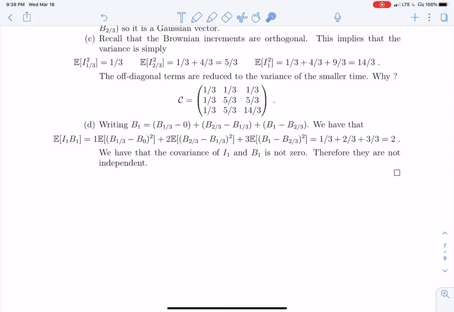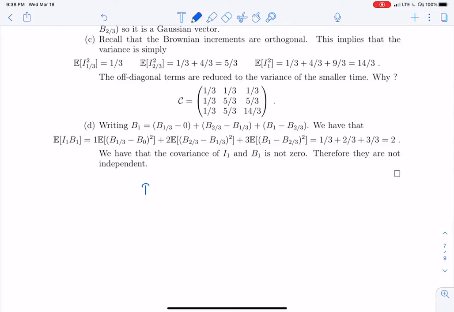So B1, or BT more generally, is really the integral from 0 to T of 1 dBS, because this is really the strategy which is 1 everywhere. So it's 1 times BT minus B0. Okay, so the strategy is 1. So the difference is just that here I multiply each increment by the strategy 1.